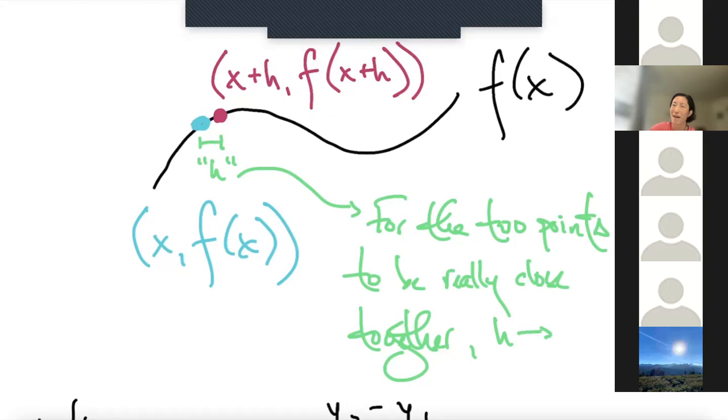I think it was, Matt, you said like 0.1 close or like 0.0001 close. And I gave like a really big number. I said like a really small number. I said like this kind of close. Okay. This number is our H value. So H must approach 0. Okay. H must approach 0.